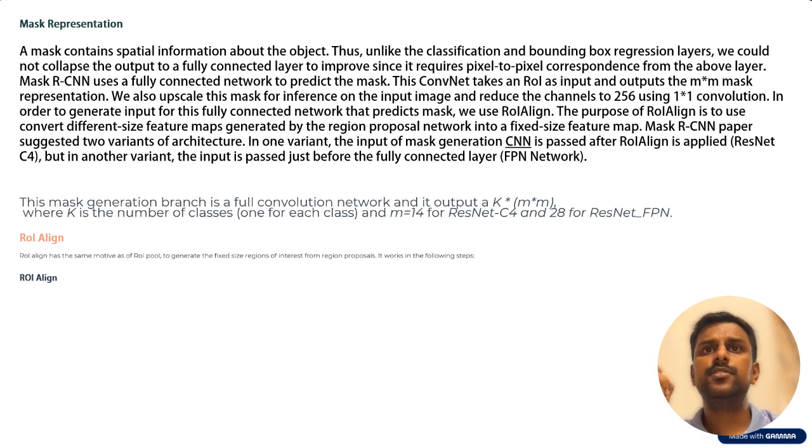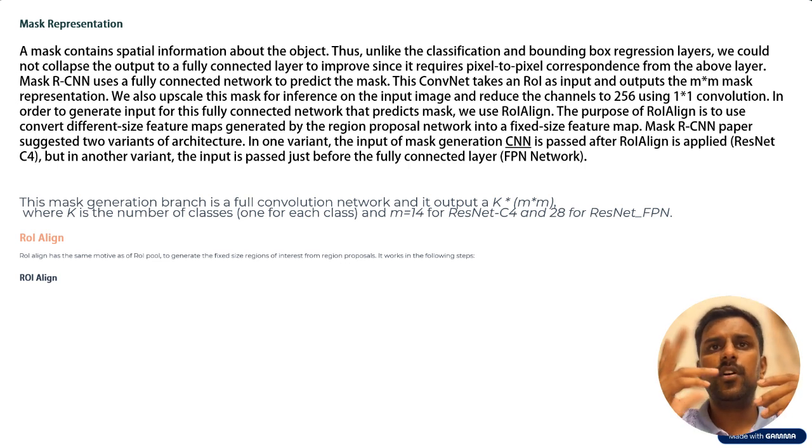This convolution network takes the region of interest as input and outputs an M x M mask as a representation. We also upscale this mask for inference on the input image and reduce the channels to 256 using a 1x1 convolution. Basically we follow this pixel to pixel correspondence to generate the mask layer, and then we upscale it and do a convolution.